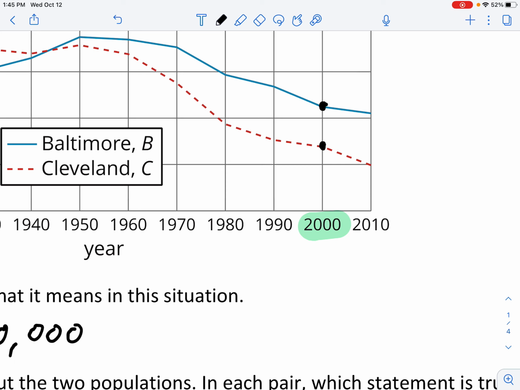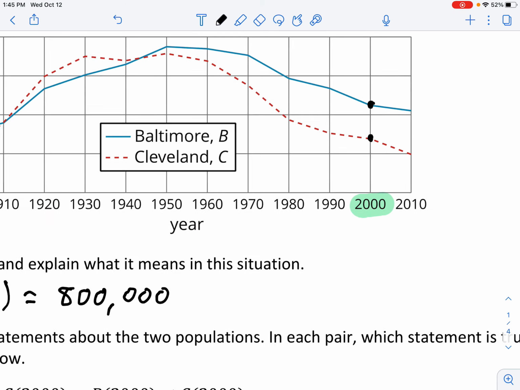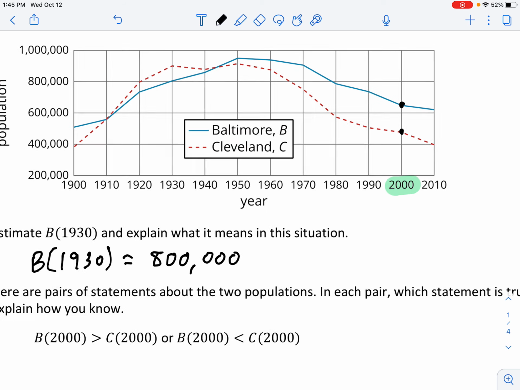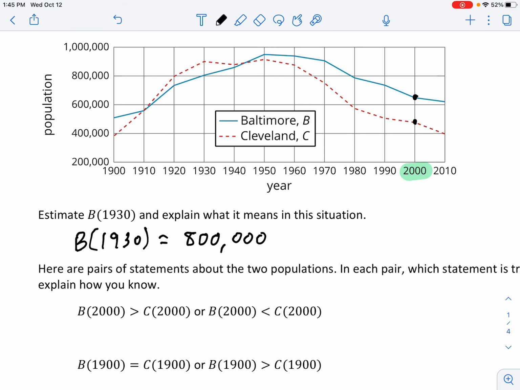So since Baltimore is higher up on the graph, that means the population of Baltimore is greater than the population of Cleveland in the year 2000. So we would say the correct answer that's true is b of 2000 is greater than c of 2000. So the one where it says b of 2000 is less than c of 2000, that one is false.